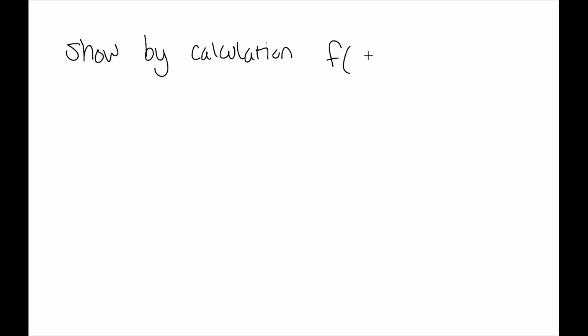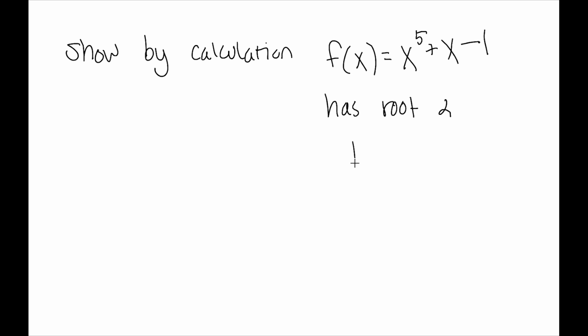So there's another way to figure out the numbers where the root is between. So if it says show by calculation that f of x equals x to the 5th plus x minus 1 has a root alpha between 0 and 1, you're going to plug in both 0 and 1 into our equation.